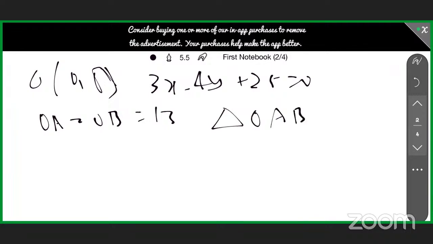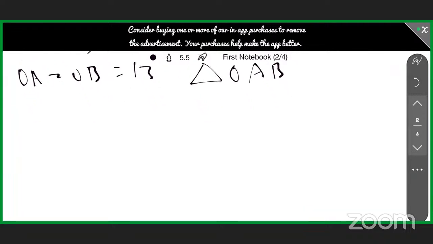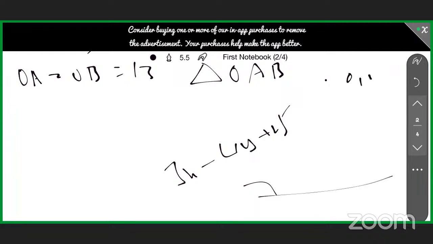So let us draw this diagram for better understanding. Some line, this is my line equation: 3x minus 4y plus 25 is equal to 0. There is one point, the origin 0, 0.